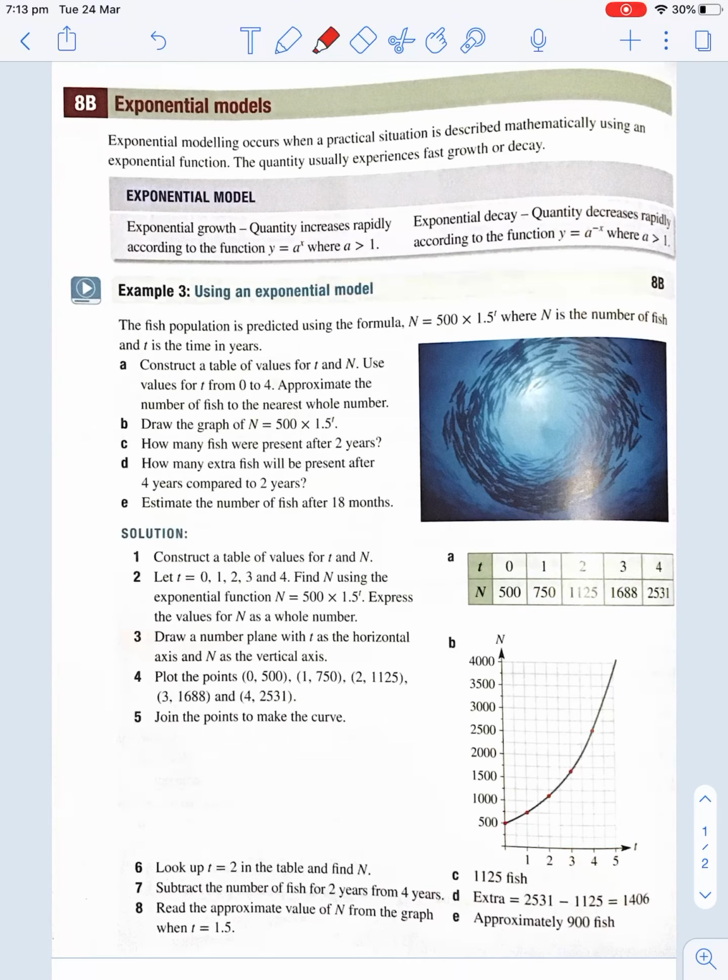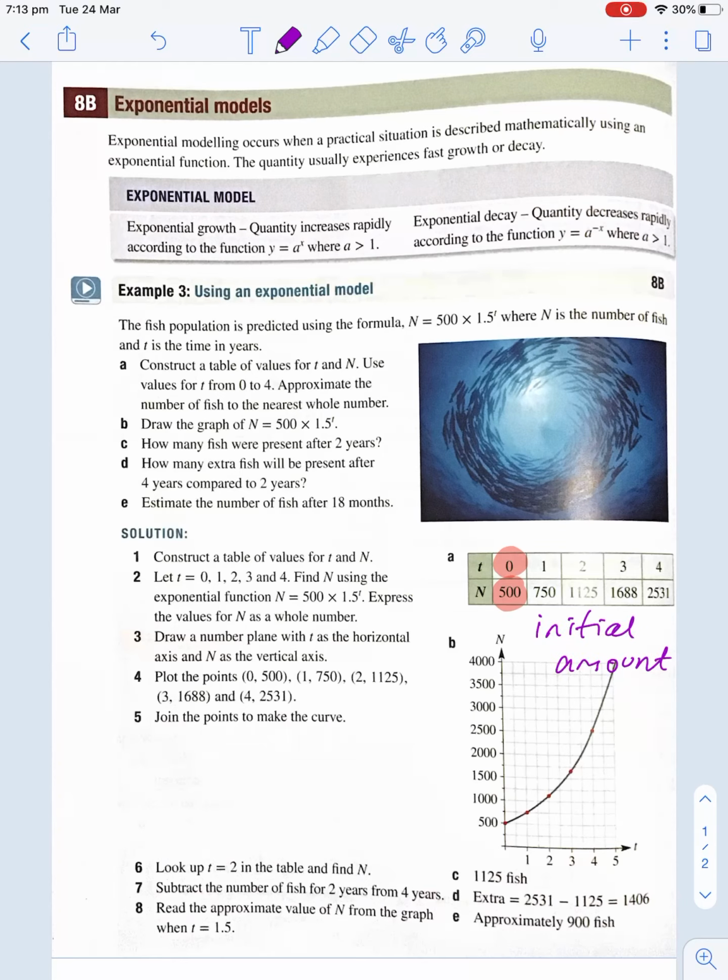Before we move on, I want to explain a few things that don't come up in this question. This 500 here is a particularly important number because it's the number when the time is 0. Another way to say that is your initial amount.